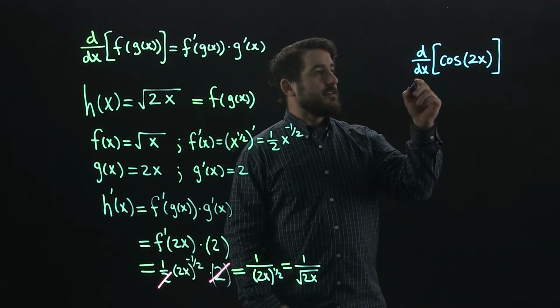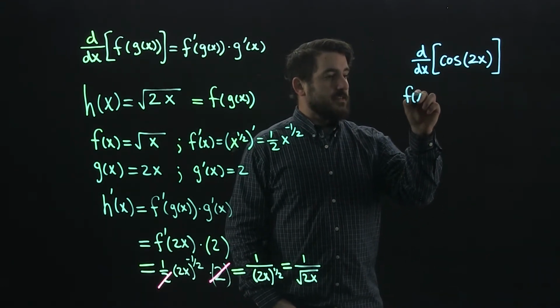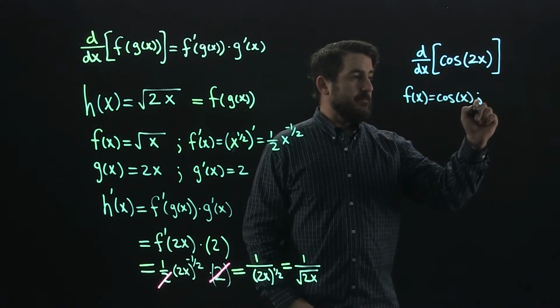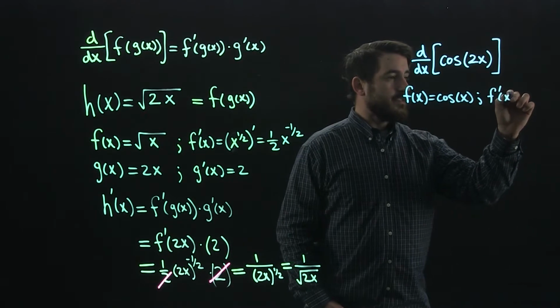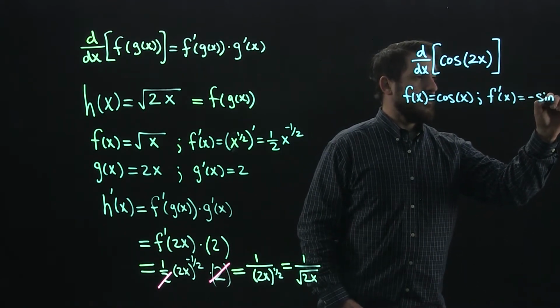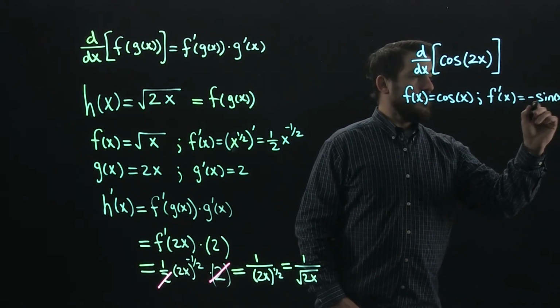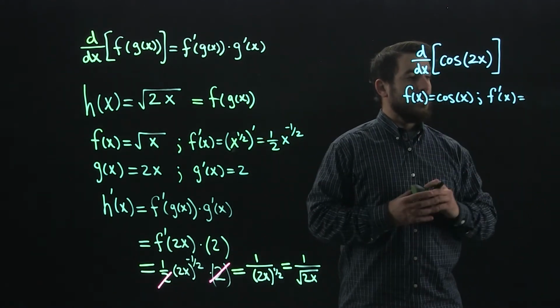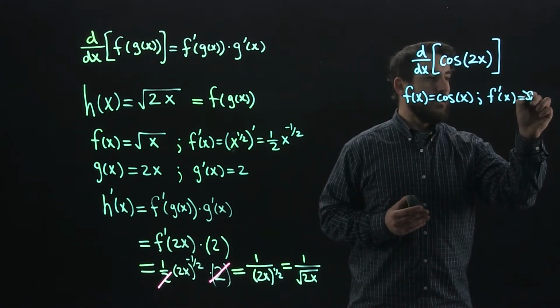I'm going to let f of x equal cosine of x. That means f prime of x is equal to negative sine of x. I'm running out of board here. Negative sine of x.